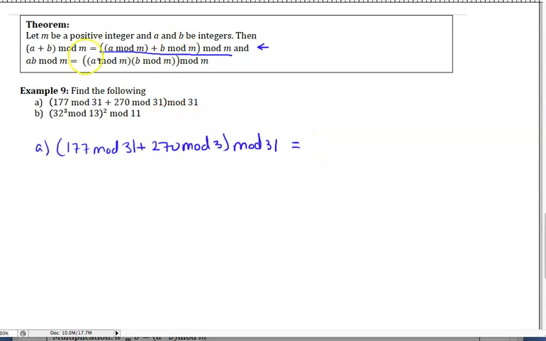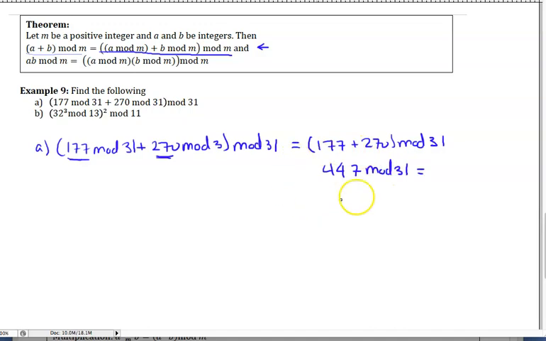So we can transform it into this. We can say that this is our A and this is our B. This is going to equal (177 + 270) mod 31. If I add these up, I get 447 mod 31.